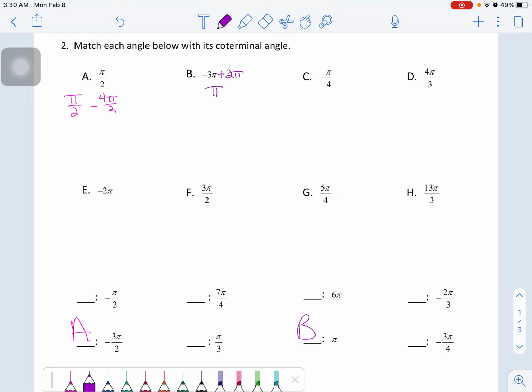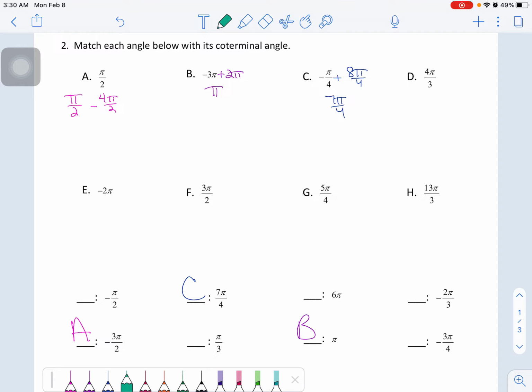All right. So then, let's see our next one here. Negative pi over 4. So if I add, because it's over 4, 8 pi over 4, 8 divided by 4 is 2. So how about 7 pi over 4? Is that one of, ooh, it is one of my options.